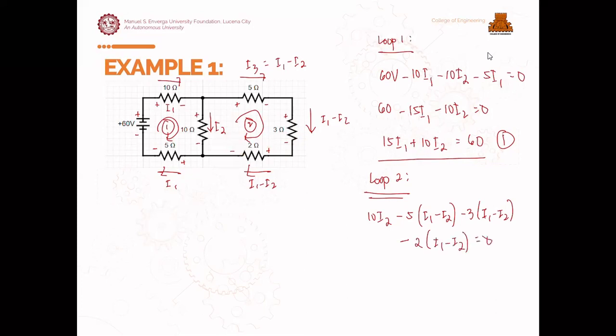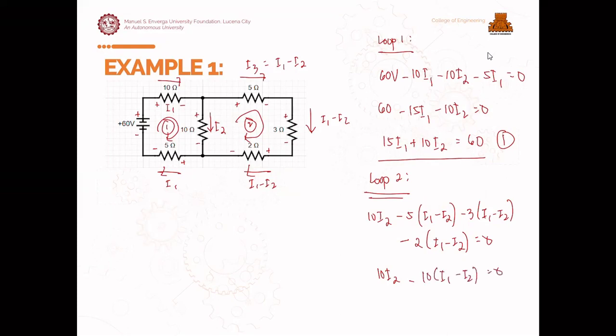So, baka nagtataka, ba't pinagmumultiply yung value ng R tsaka ng I? Kasi voltage ang kailangan natin, no? IR is voltage. So, 10 I2. Then, since pare-pareho sila na may I1 minus I2, pwede ito maging minus 5, 3, 2, 10 times I1 minus I2 is equals to 0.